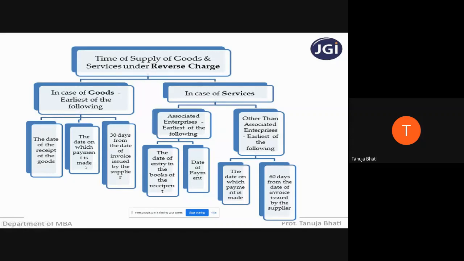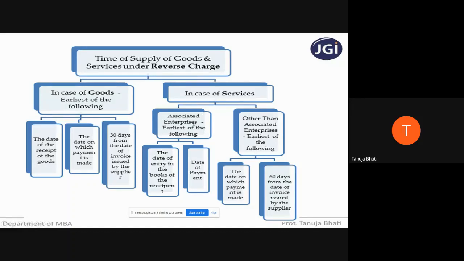Again, date of payment will be the date on which the amount is debited in the bank account of the recipient, or the date on which the recipient is recording such payment in his books of account, or 30 days from the date of invoice issued by the supplier. So earlier of these three dates will be the time of supply in case of goods.